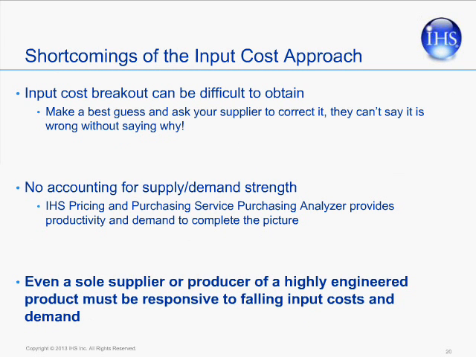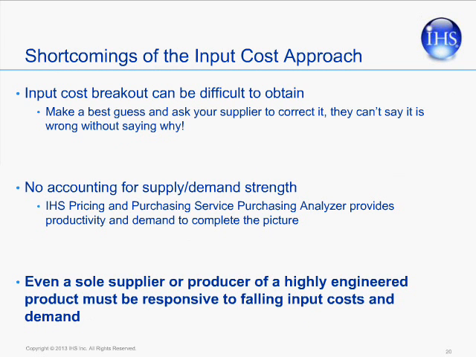This isn't to say that the input cost approach is the end-all be-all. In all fairness, I want to always present both sides of the case here, if for nothing else than to keep you on your toes in those negotiations. And here, the input cost breakout can frequently be difficult to obtain.